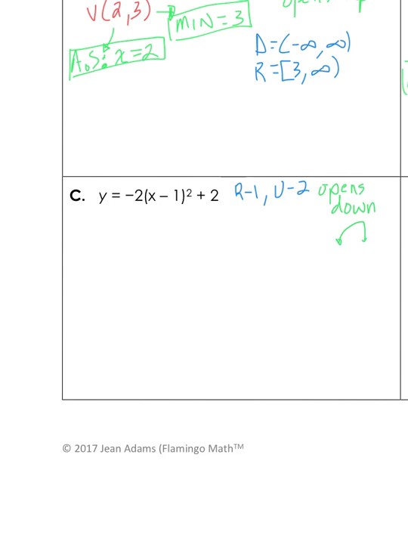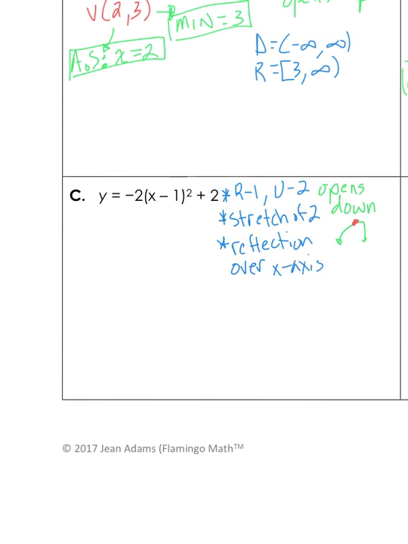Since it opens down, that puts the vertex at the top, which makes it a maximum. I also have a stretch of 2 and a reflection over the x-axis.